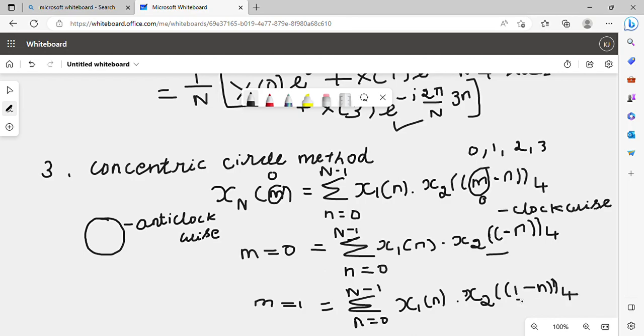For this, you are supposed to shift anti-clockwise by one position. Which one? This is x2 of minus n of 4. You're going to shift it anti-clockwise by one position, right?